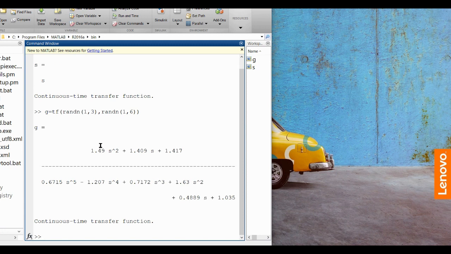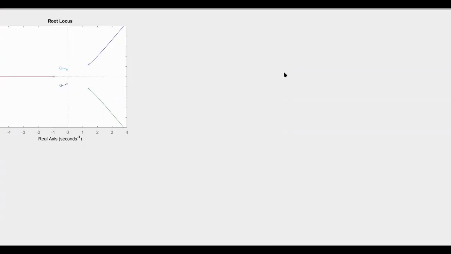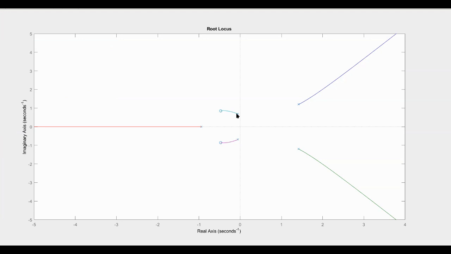I can make the root locus plot of G, and you will see this is a nice one. You will see 1 pole here, 1 pole here, 1 pole here, 1 pole here, and 1 pole here. So in this system nothing really changes in the root locus plot. There were 2 right half plane poles for the open loop system, and then 2 right half plane poles for the closed loop system for all values of k.